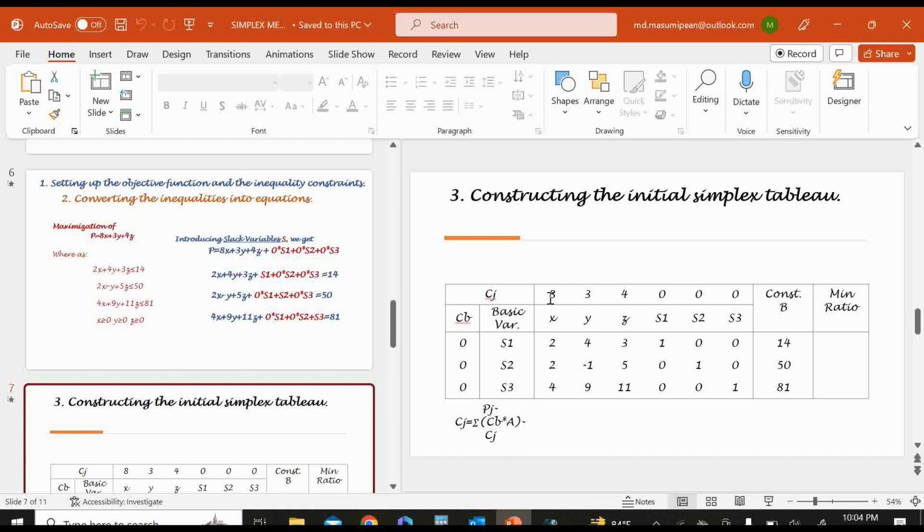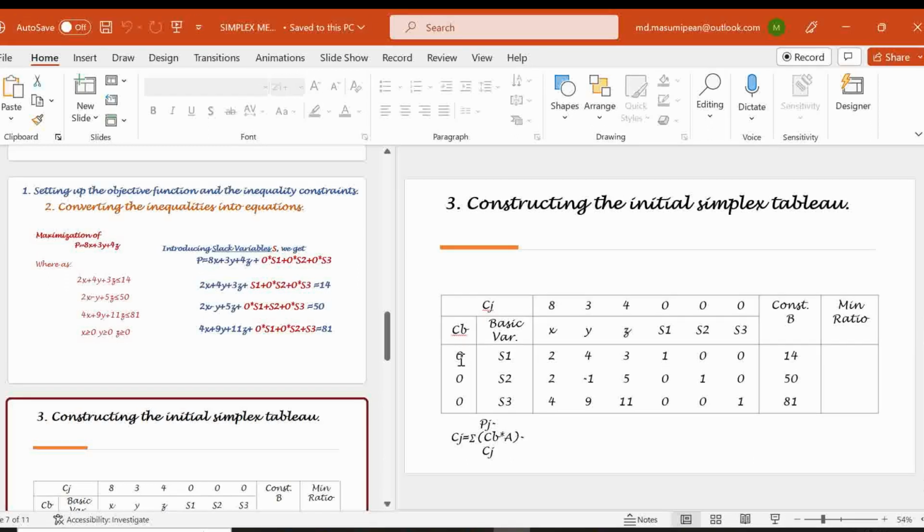Okay, and above there, the coefficient of x in the main function, which was 8, will be written, then y 3, z 4, S1 0, S2 0, and S3 0. I think you understand that. All the coefficients of the main function will be written there. Here, below CB, all the coefficients of S1, S2, S3 in the maximization function are written.